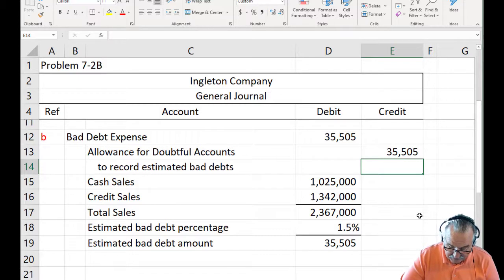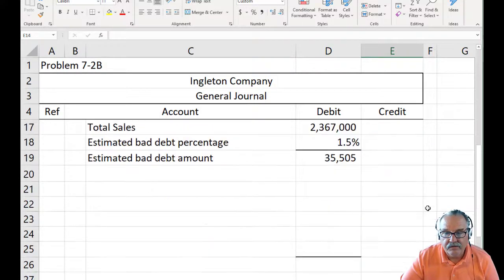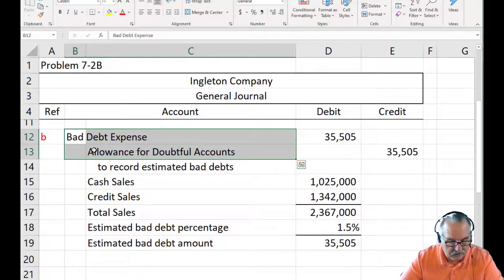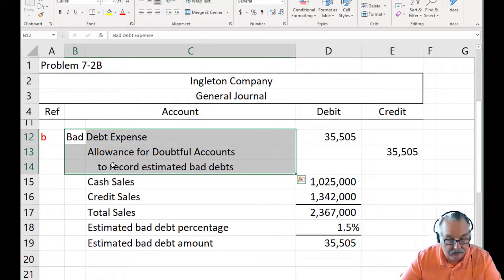The third method is going to be based on a percentage of accounts receivable. So this one, we'll call this one C. Once again, same exact accounts involved, bad debt expense and allowance for doubtful accounts.